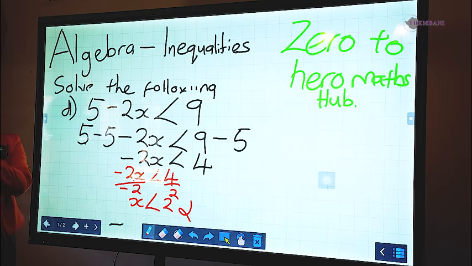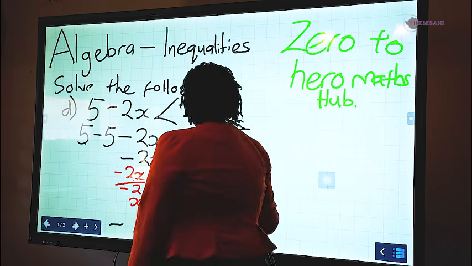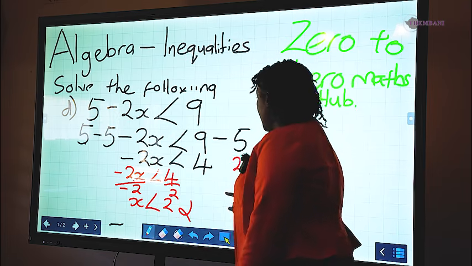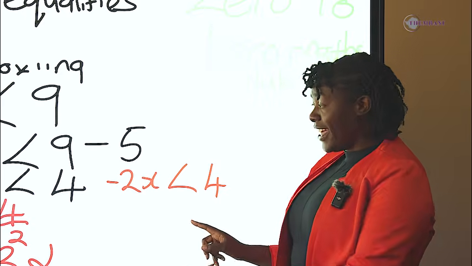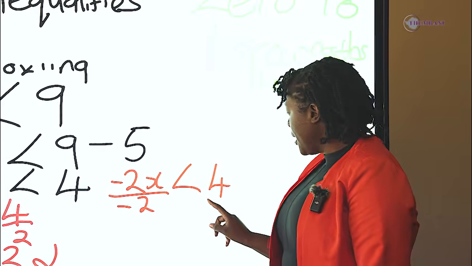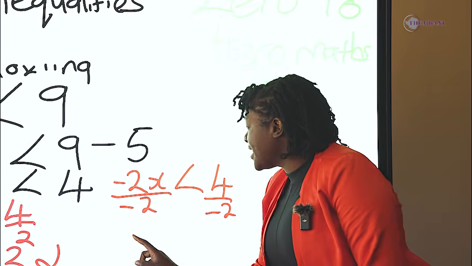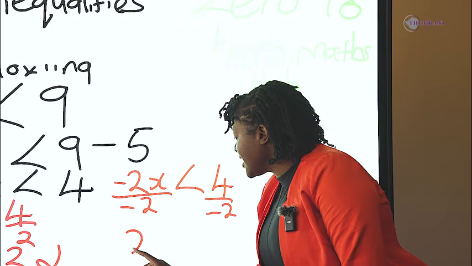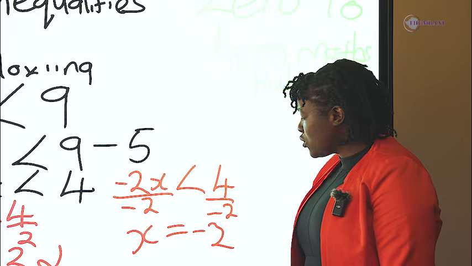Some also make this error of saying negative 2x is less than 4, and then divide both sides by negative 2. Then they would say our x is equal to negative 2.